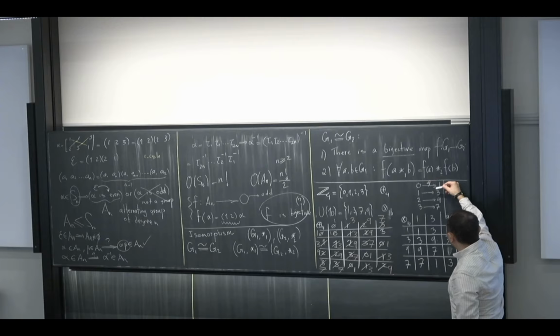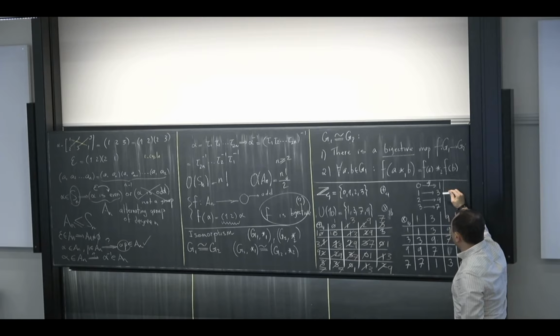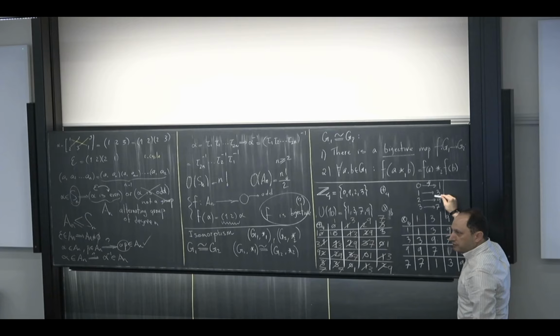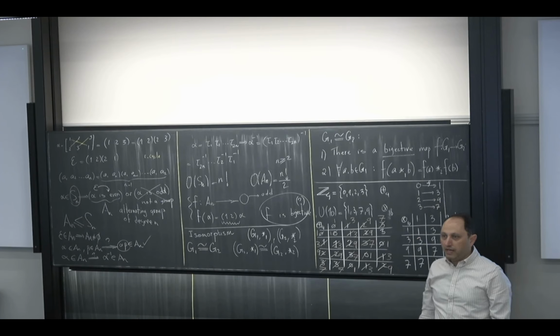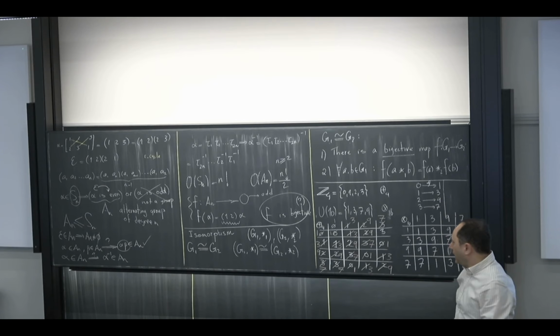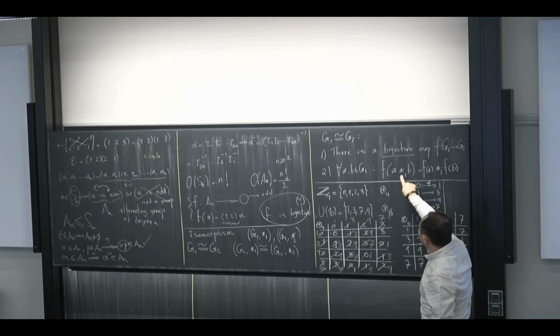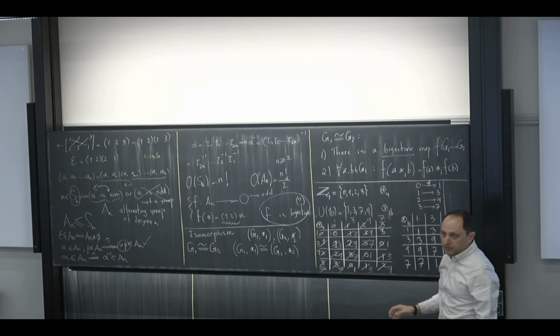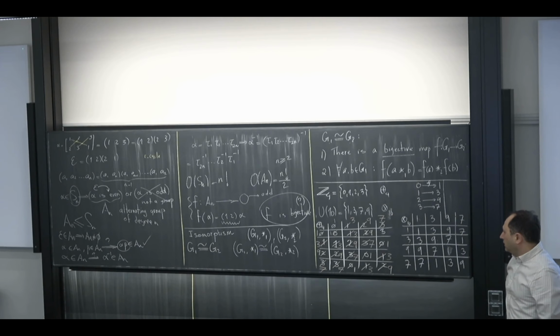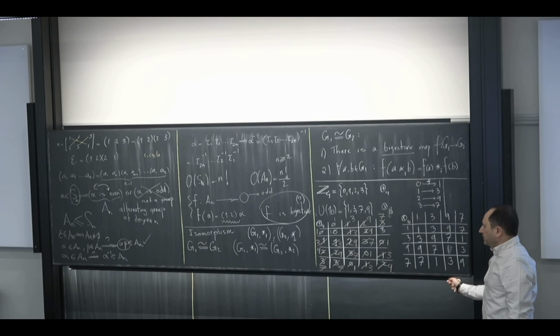Because every one of them has one single arrow going out, and every one is receiving exactly one arrow, and all of them are covered. So this function is a one-to-one and onto map. And it also respects this condition. That's the meaning of being isomorphic.